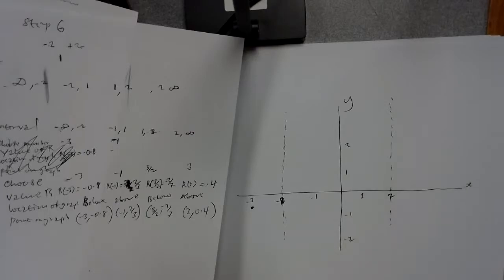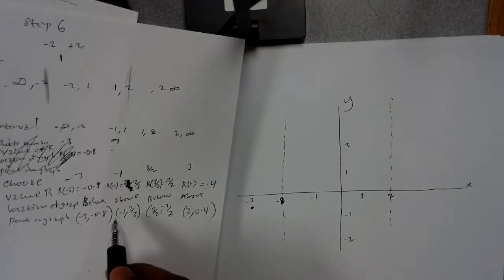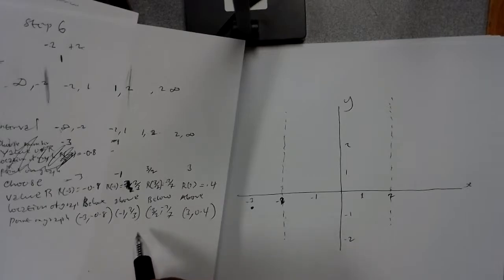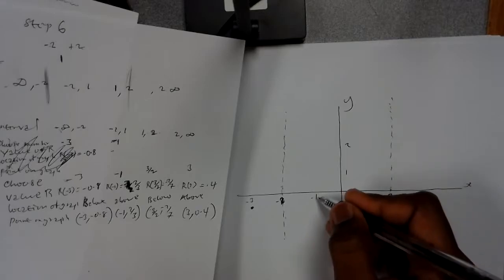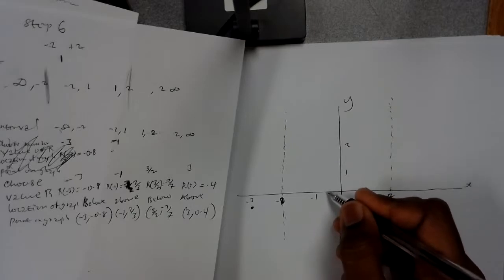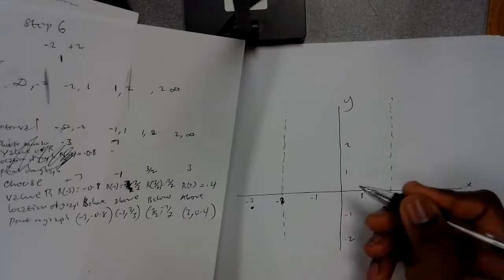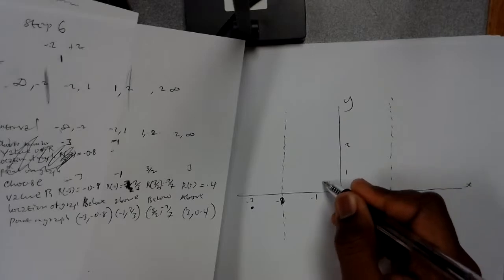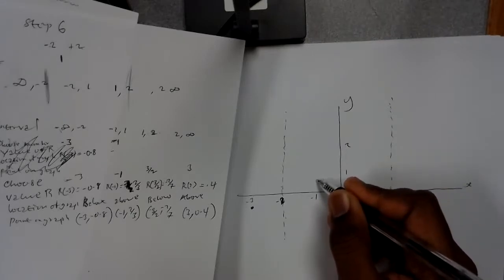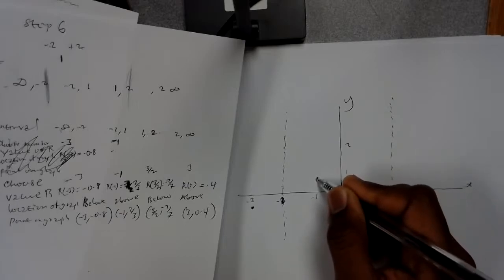The other point I'm going to draw is (-1, 2/3). So -1 on the x is going to be here, and 2/3, that's less than 1, so it's going to be around here.